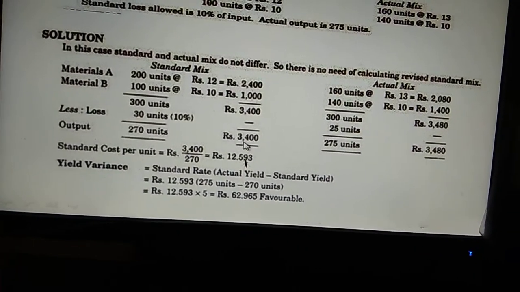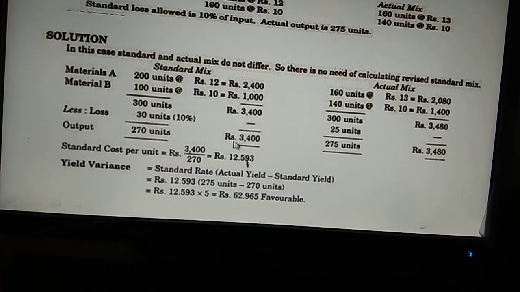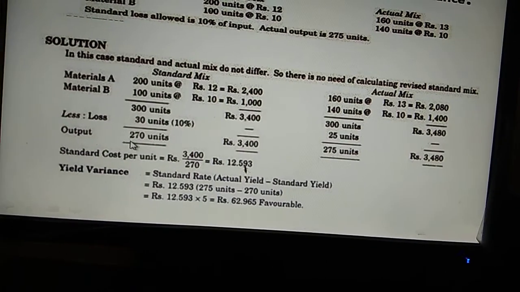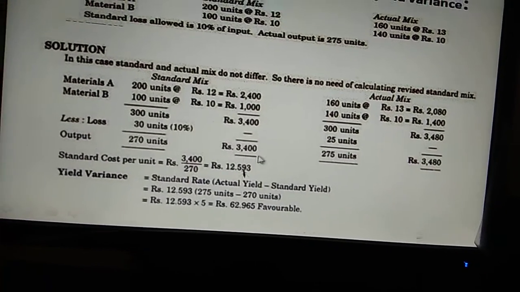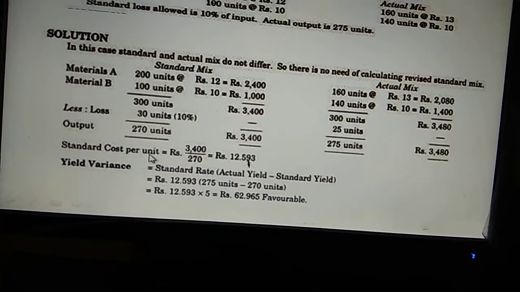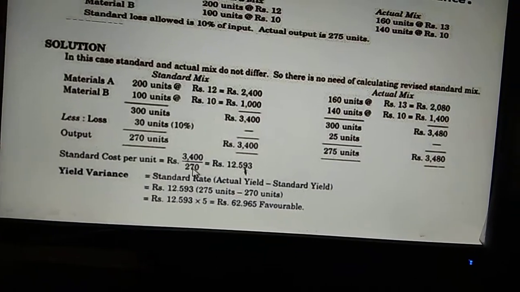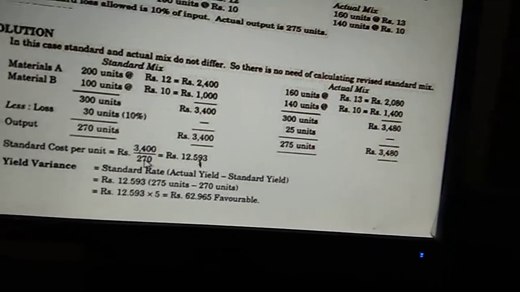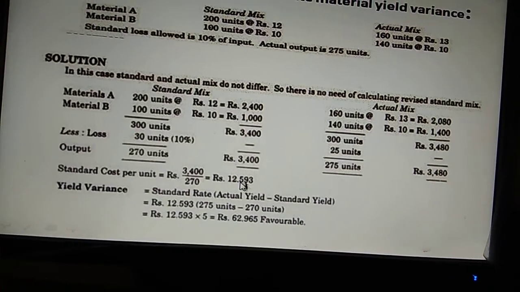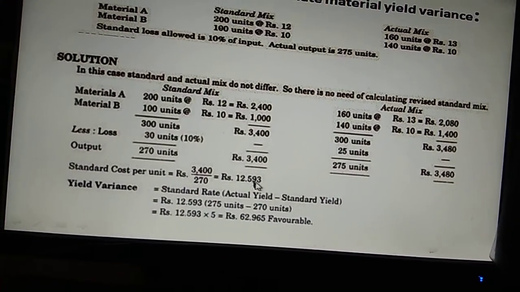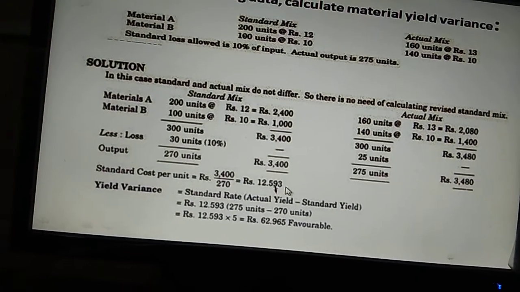For the normal loss, the good units only have to bear the normal loss. So for 270 units, the total cost is 3,400. So standard cost per unit is 3,400 rupees divided by 270, and you are going to get rupees 12.593.